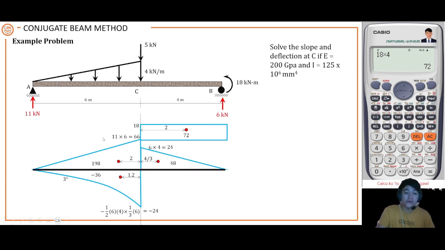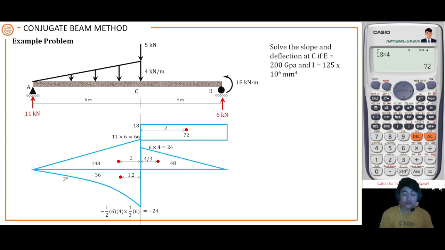Now, since we're done with the moment diagram by parts, anyway, this 5 kilonewton doesn't have any moment diagram by parts because point C is our reference point, and 5 kilonewton doesn't have any moment about it.